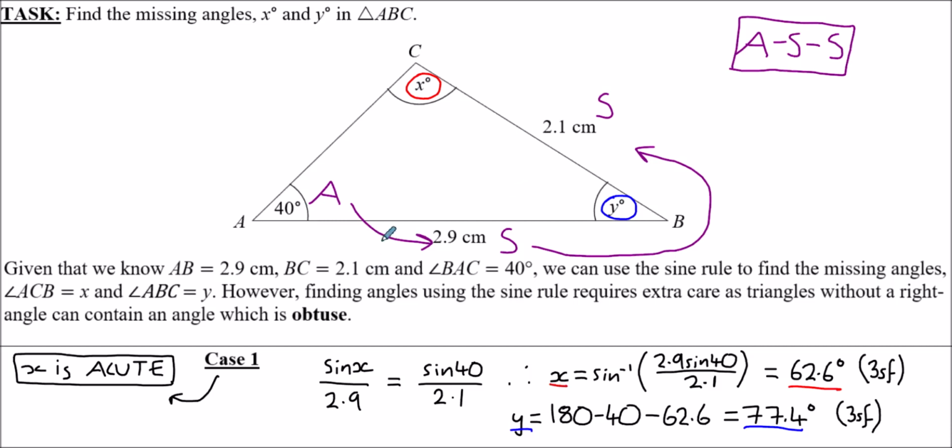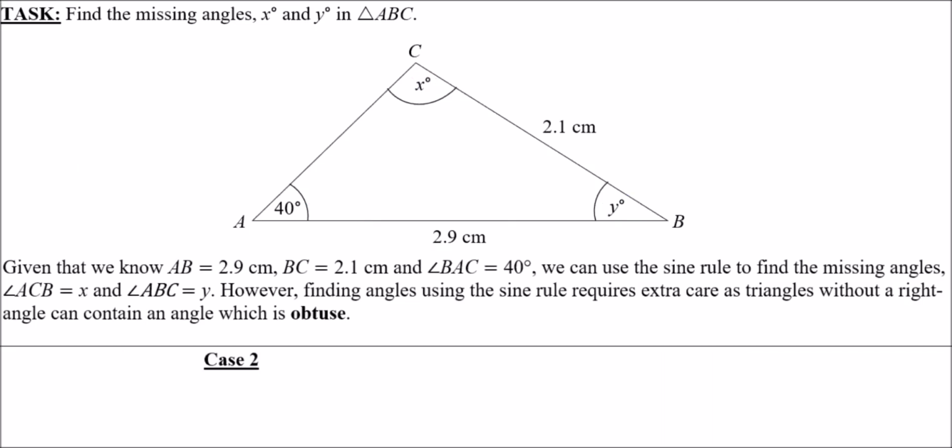So the next case we're going to have a look at, case 2, is where x is obtuse. We've considered case 1, where x is acute. Let's now think about case 2, where x is obtuse. It's not to say that the calculator can't be trusted.